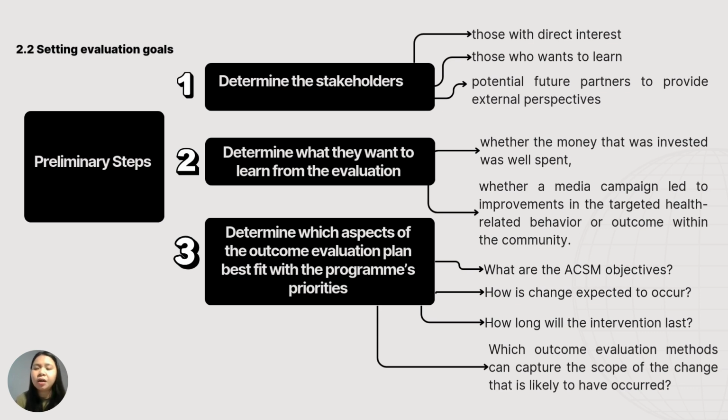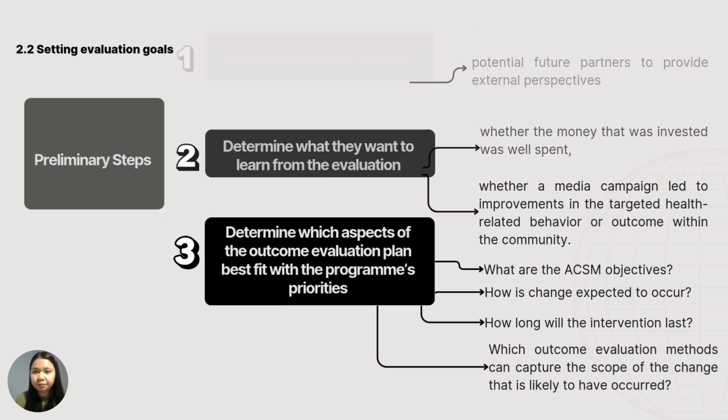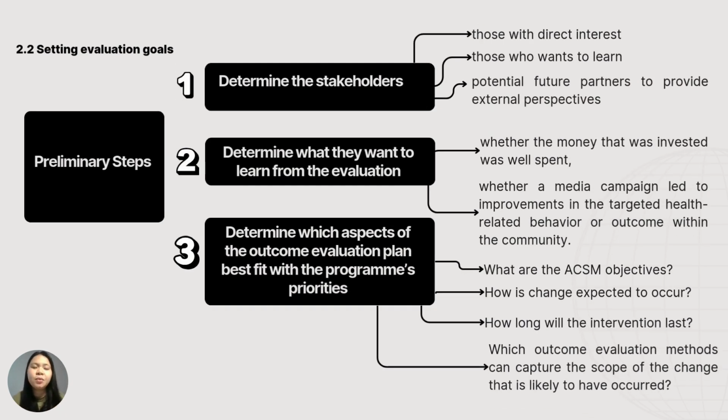So what are some questions to ask in setting up objectives for the evaluation? So, in determining which aspects of the outcome we should focus on, here are some guide questions that a planner can use. Number one, what are the objectives of the program?